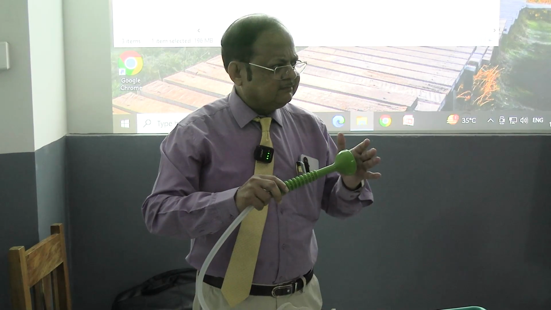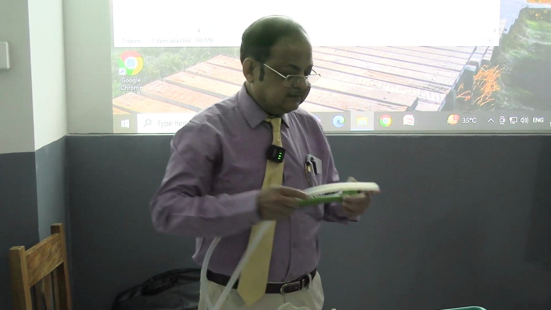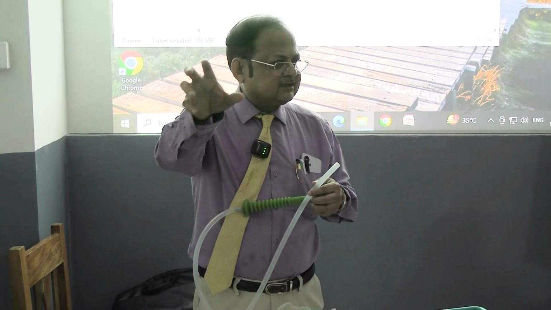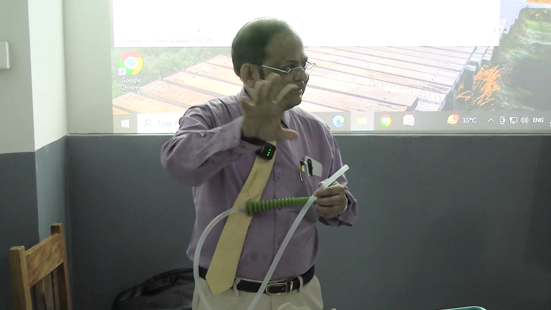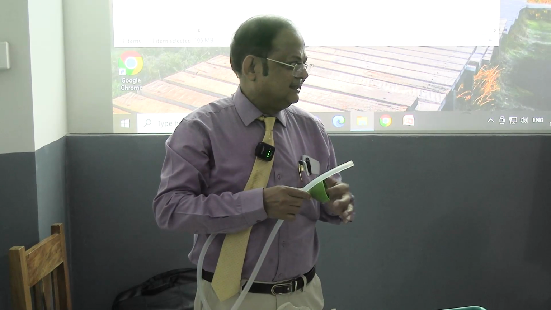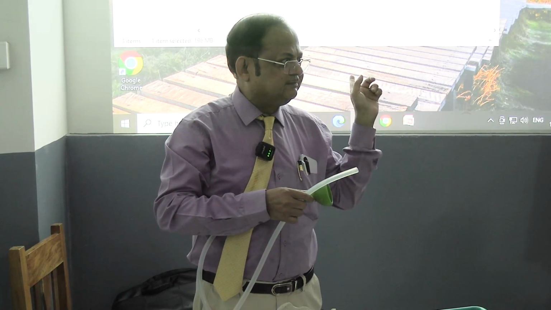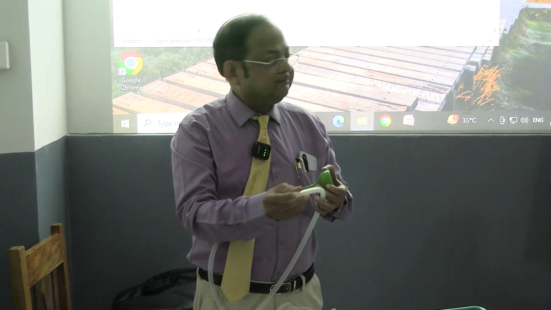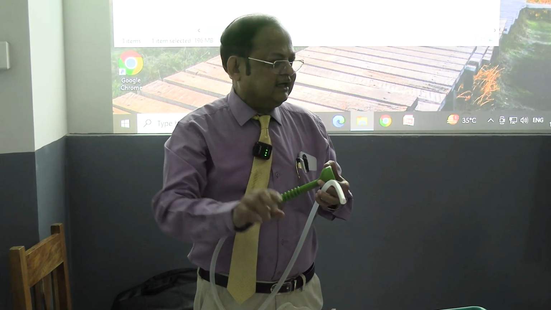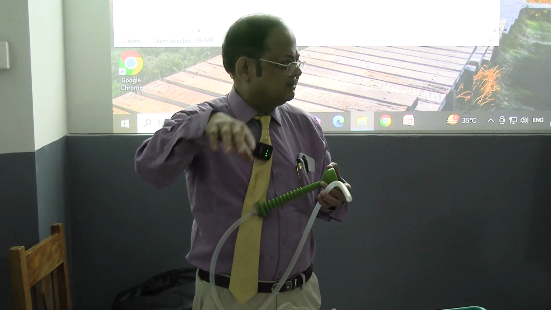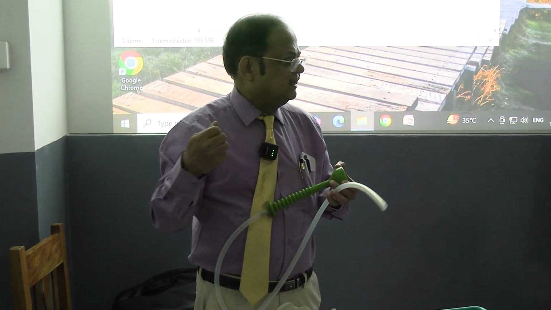What is the mechanism? If you fit it with any suction, such as a suction bottle, it creates negative pressure here. I will show in a picture. Previously, when I was a house surgeon, there was a hand pump.